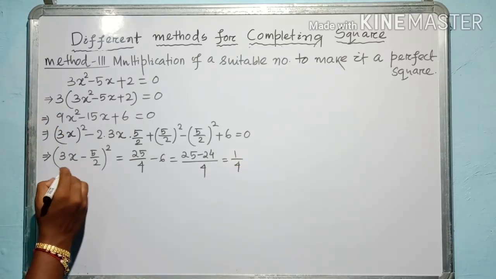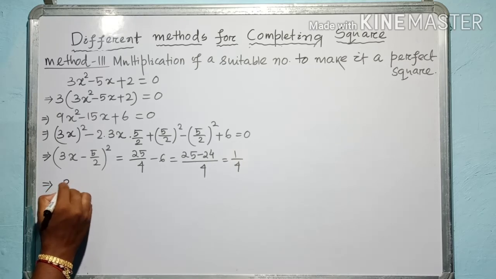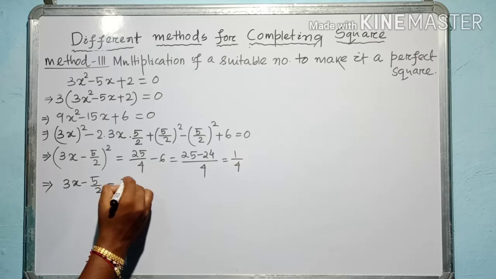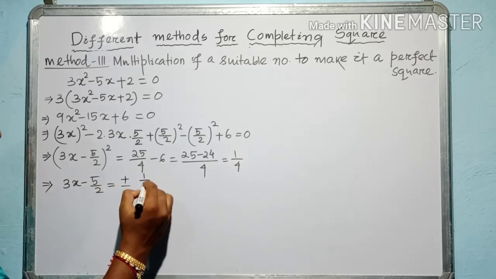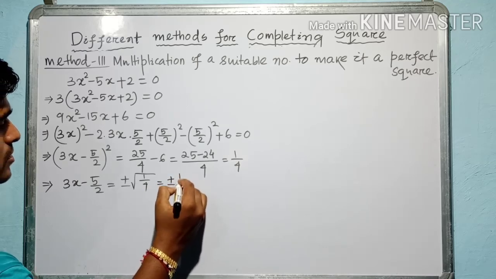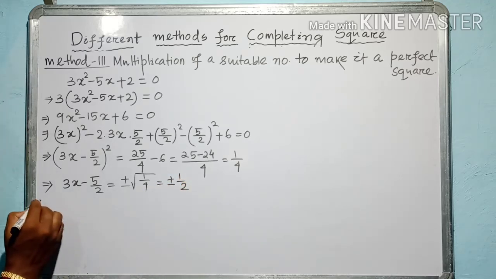Now if you see, 3x minus 5 by 2 is equal to plus or minus square root of 1 by 4, that is plus or minus 1 by 2.